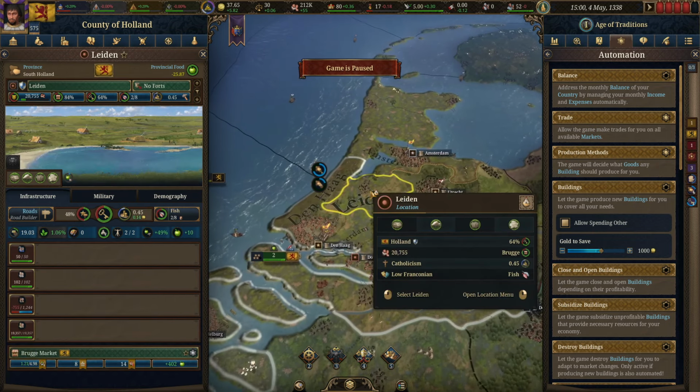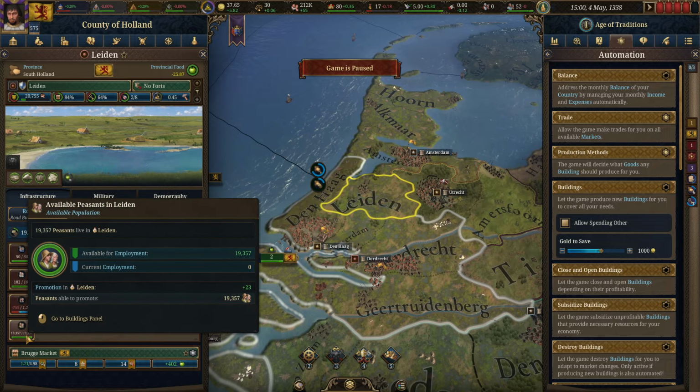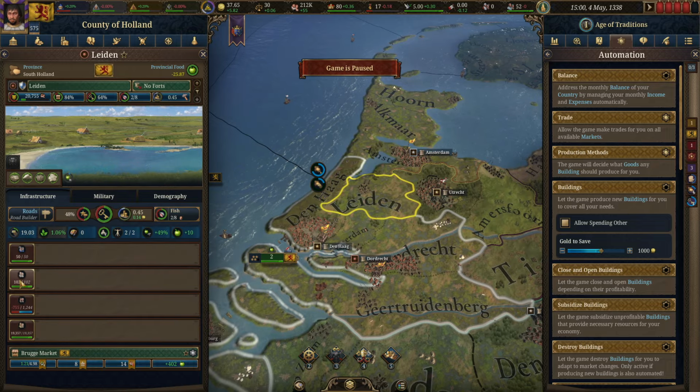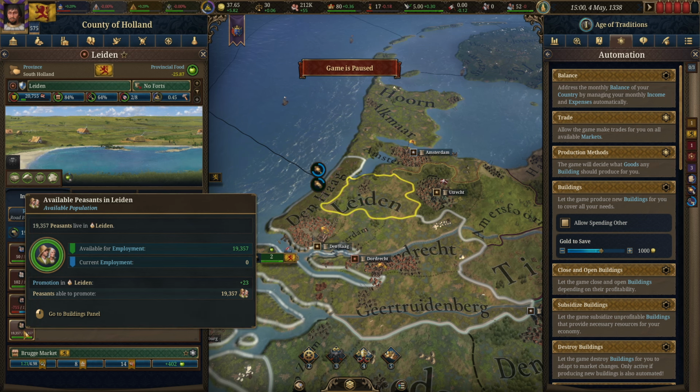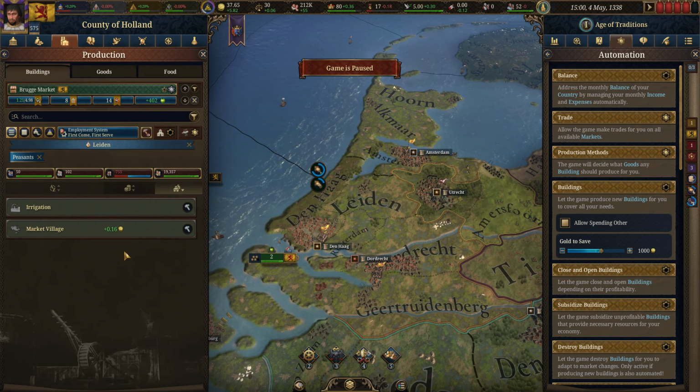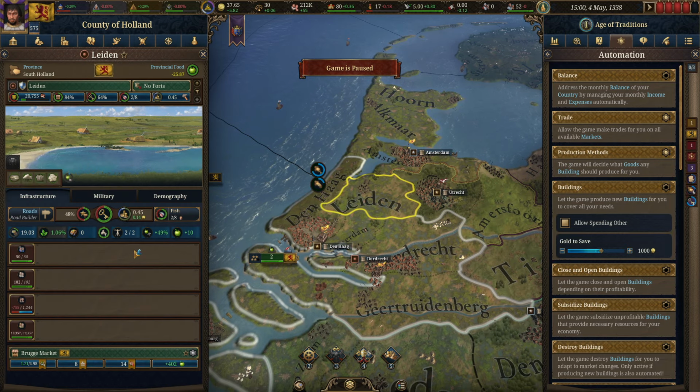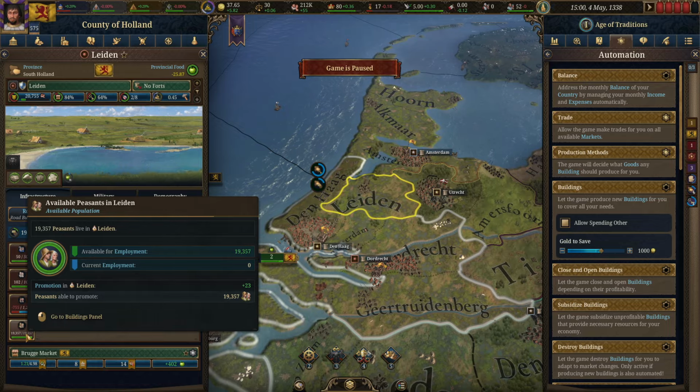And here I want to explain how this generally works. The lowest point is peasants. If you click into one stratum of workers, you always get the buildings that are linked to that. So in this area we have 19,000 peasants.